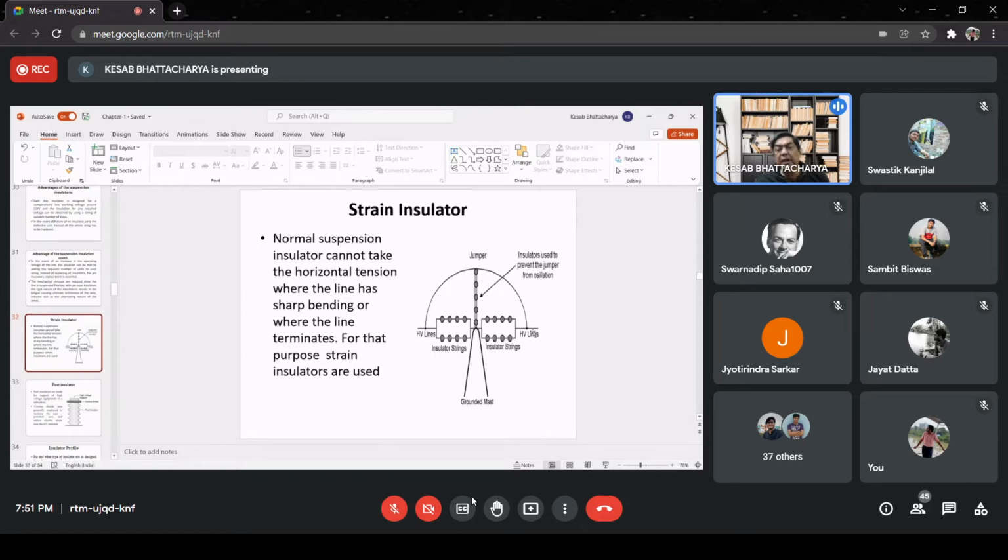But in between the connecting wire and the tower body, another set of insulators are provided, which are normally called the jumper. Now, why is the jumper provided?